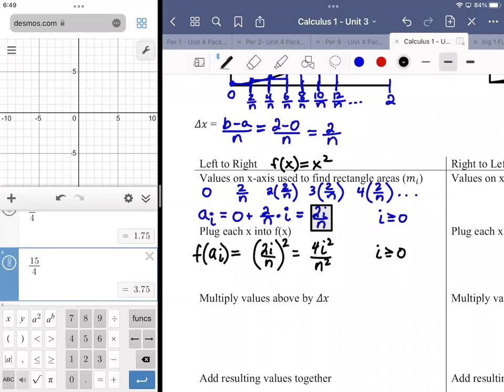All right. So next up would be f of a sub i times delta x, which is really just taking this result, which is 4i squared over n squared, and multiplying that by my delta x, which is 2 over n.